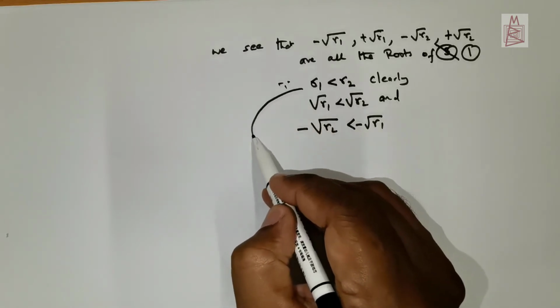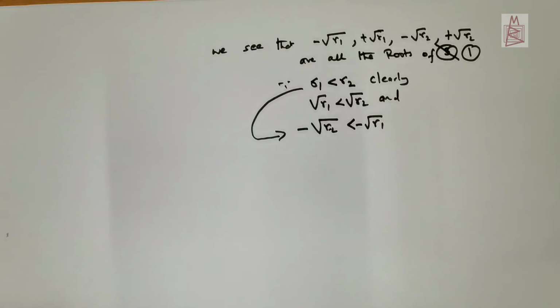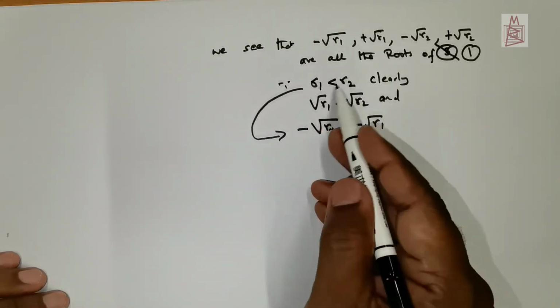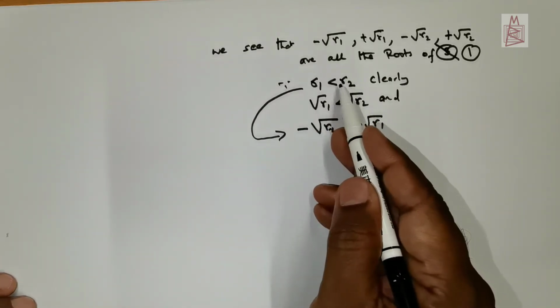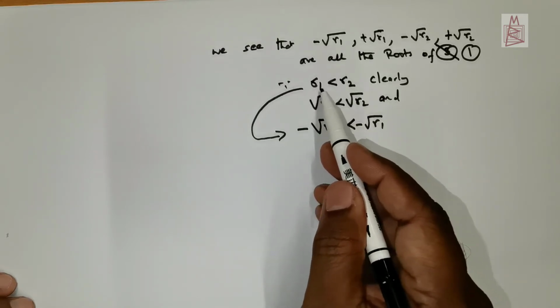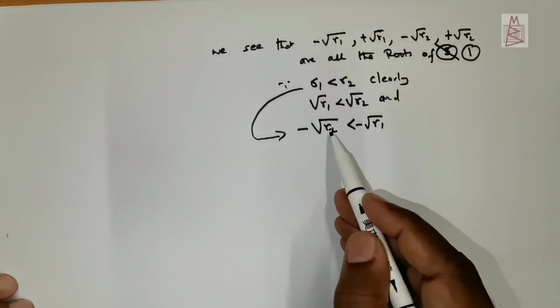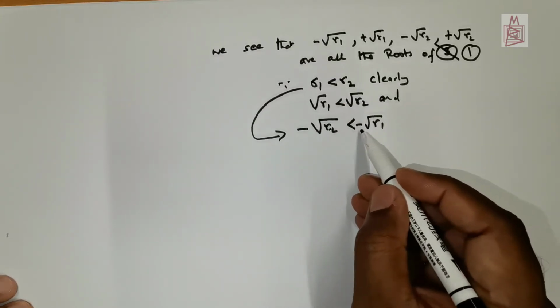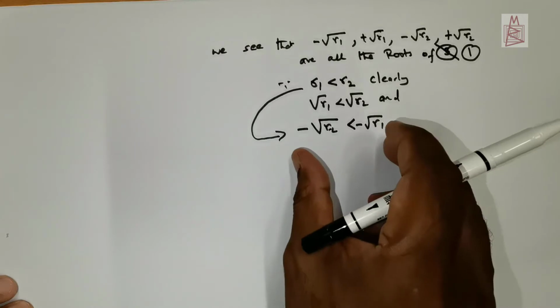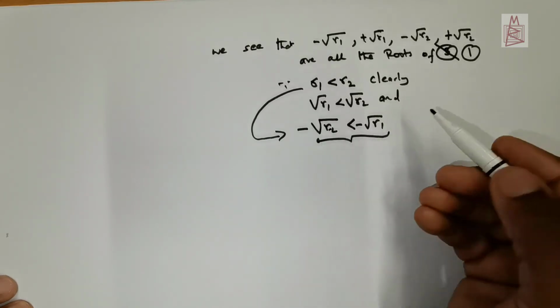If you were to take it from the negative end, the inequality will get reversed. The sign between them, because of the negative sign, the inequality which is implying here that R1 is less than R2 would become negative root of R2 less than negative root of R1. So this is a very important observation you have to know.